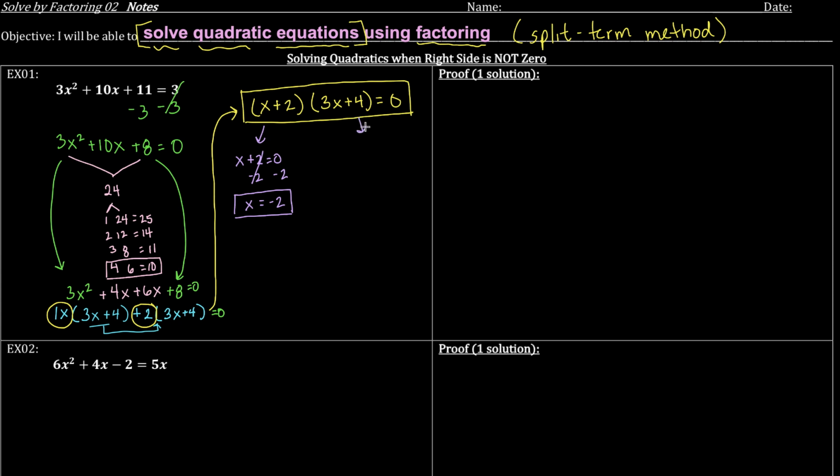And then I'm going to do a 3x plus 4 equals 0. Subtract a 4. I get 3x equals negative 4. And so x equals negative 4 over 3. Also, if you want to put it in decimal form, negative 1.33 repeating.